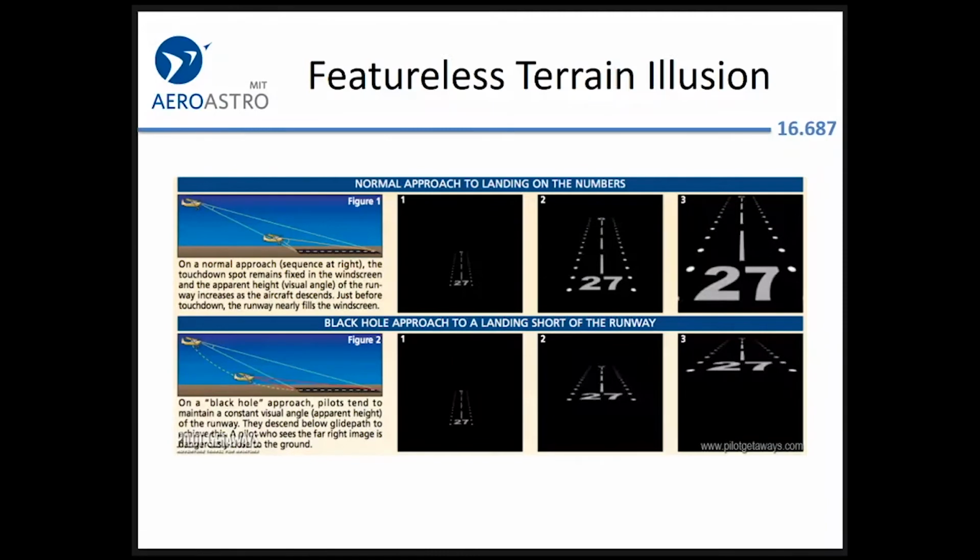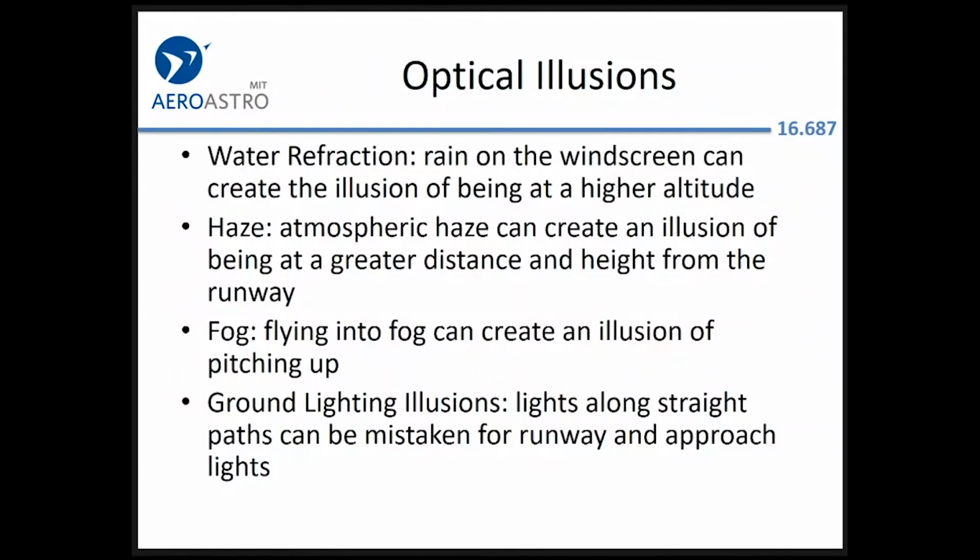Again, at night, if you don't see a lot of features and you don't see the ground, sometimes you can get confused and think you're in a different place than you are. There are a lot of different things that can cause these illusions, in fact. If there's rain on the windshield, like flying on a day like today where there's some rain, fog can also confuse people.